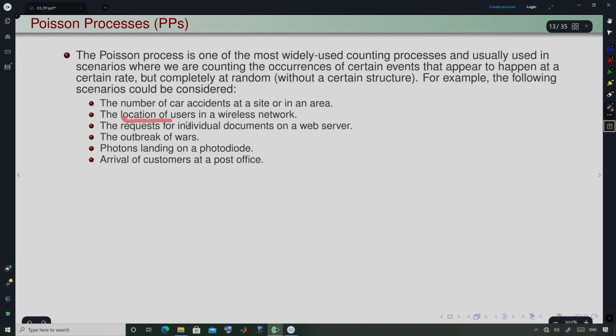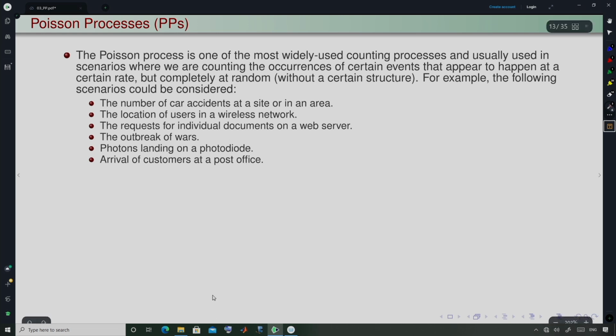Or the location of users in a wireless network, and the requests for individual documents on a particular web server. The outbreak of wars, photons landing on a photodiode, arrival of customers at a post office, and so on.